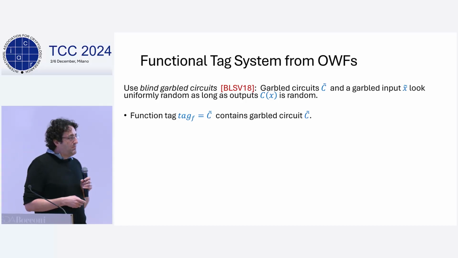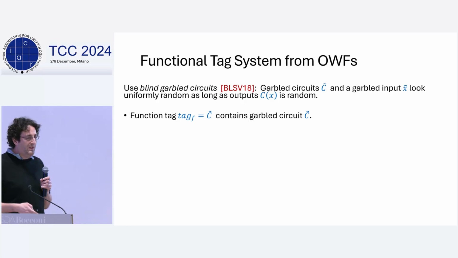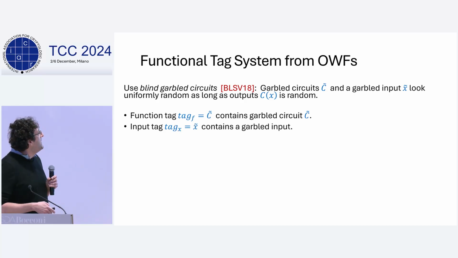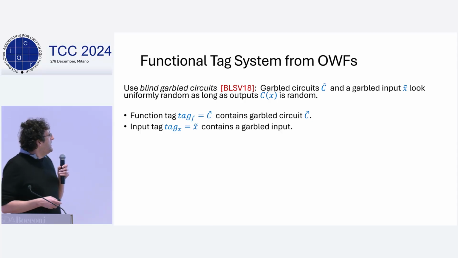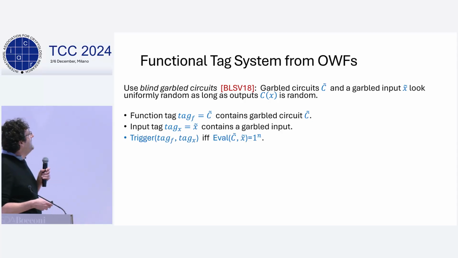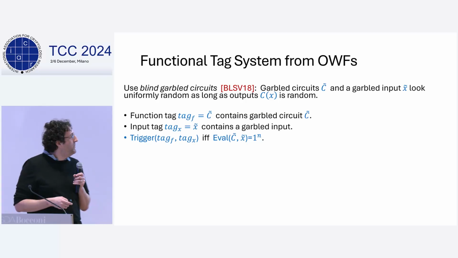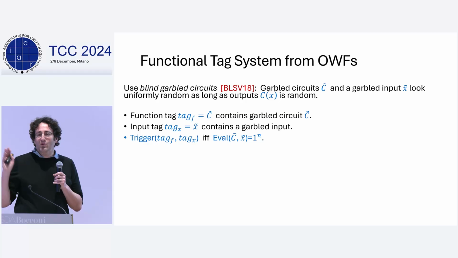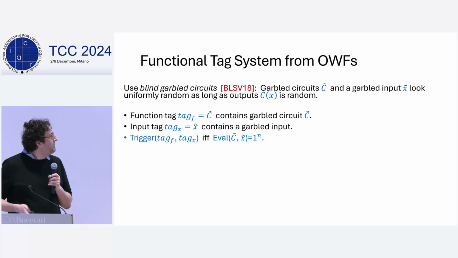So using garbled circuits, we're going to think of the function tag as a garbled circuit, we're going to think of the input tag as a garbled input, and we're going to define the trigger event to happen if the evaluation of the garbled circuit on the garbled input outputs some special value, let's say 1 to the n ones.